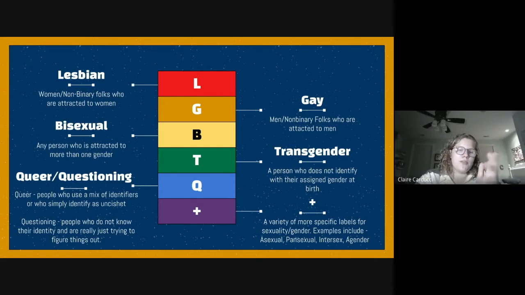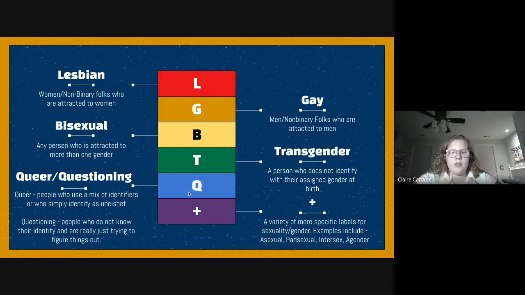Bisexual for B, that's any person who's attracted to more than one gender. T is transgender, and that is a person who does not identify with the gender that they were assigned at birth. And then Q, that can either stand for queer or questioning, depending on the person.